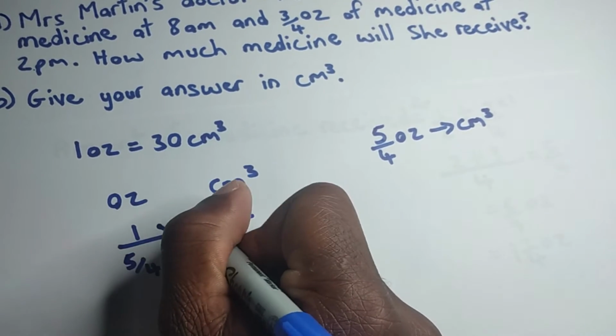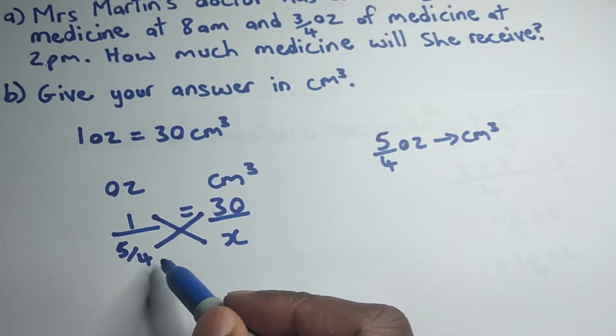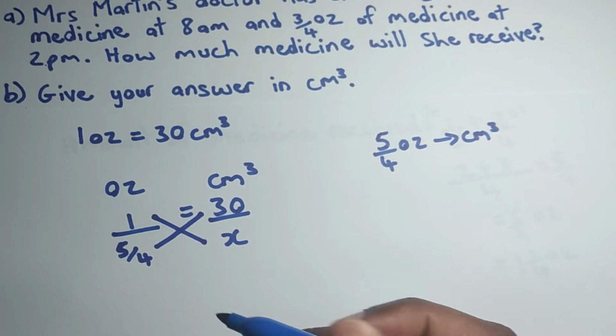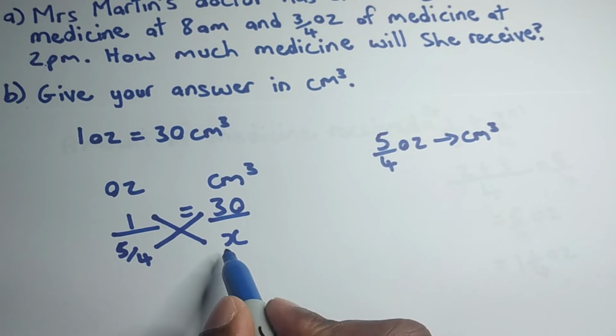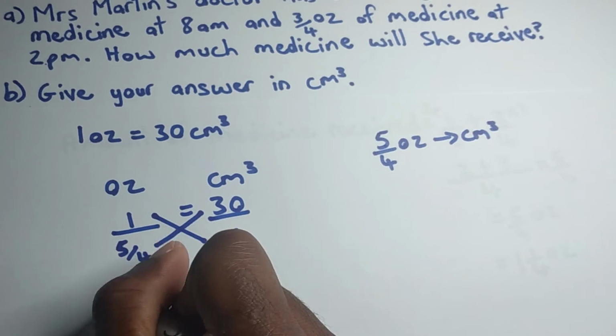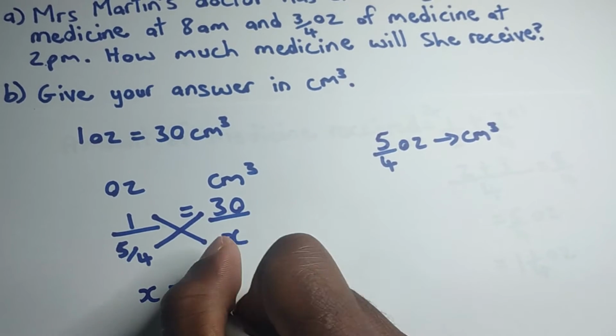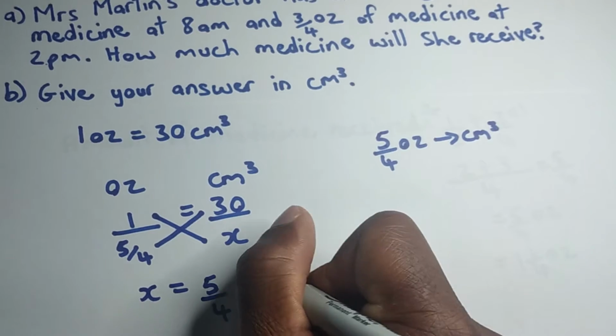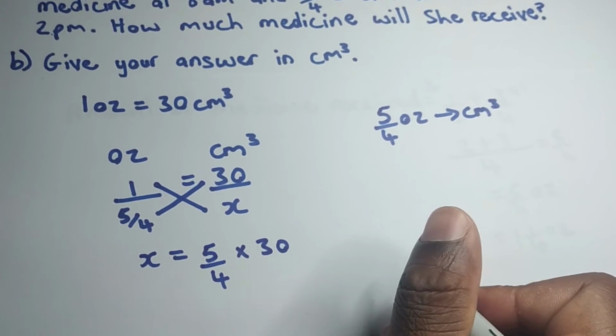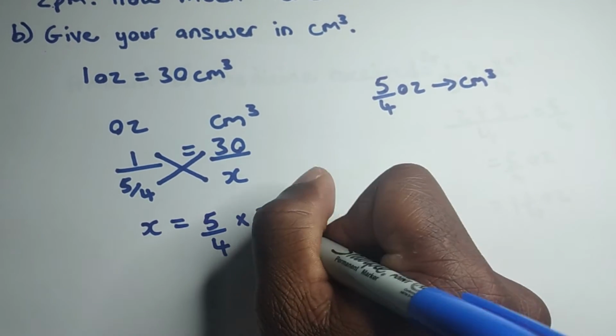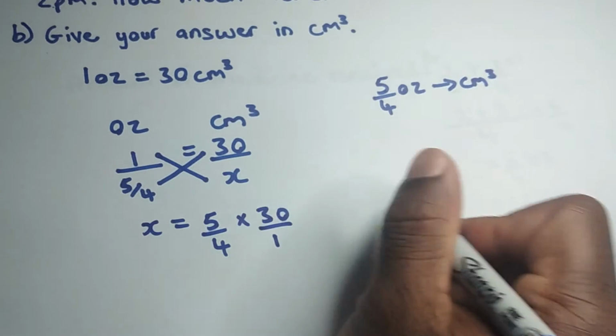We'll cross multiply. And don't let this fraction aspect of the question intimidate you. The same principle applies. So x times 1, that's x, is equal to 5 over 4 times 30. And again, we can simply put this 30 over 1 and then multiply across.